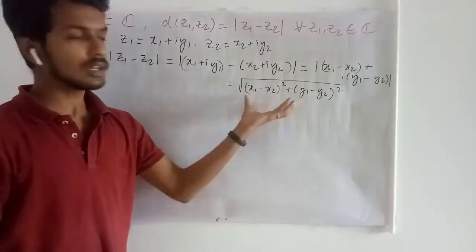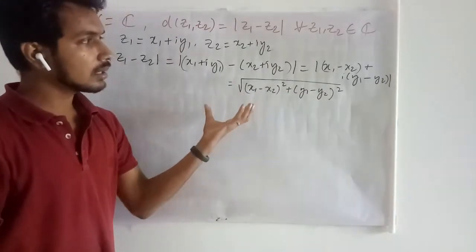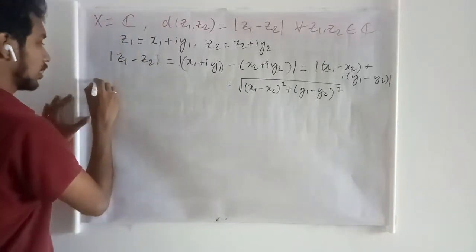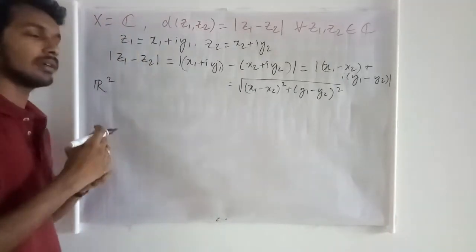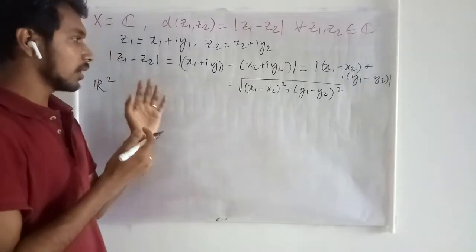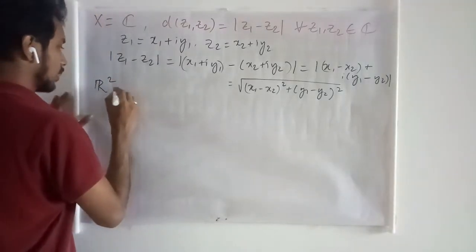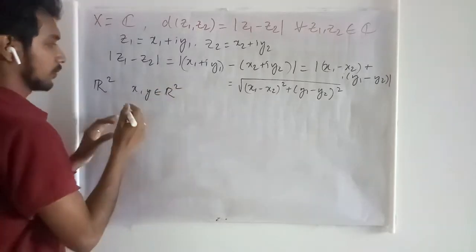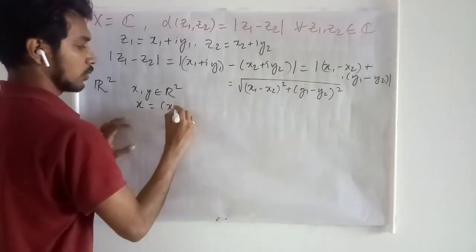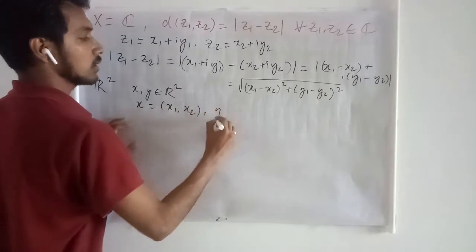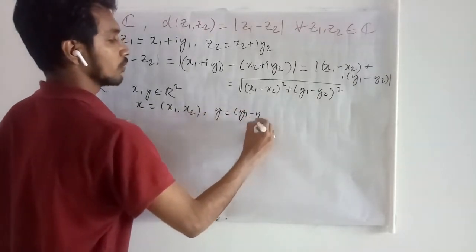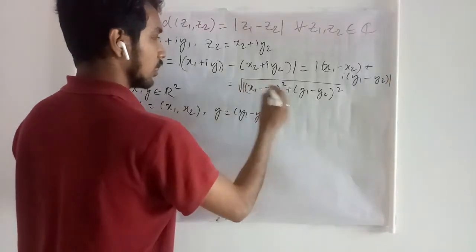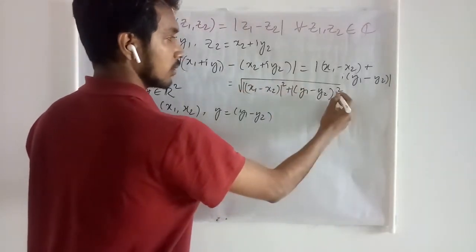Now if you closely look at it, this is the metric that we defined on R2, right? There we had taken x and y from R2, where x was (x1, x2) and y was (y1, y2). There we had the absolute sign.